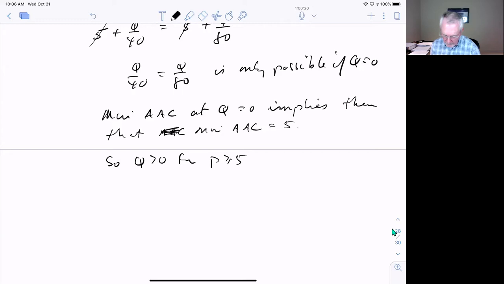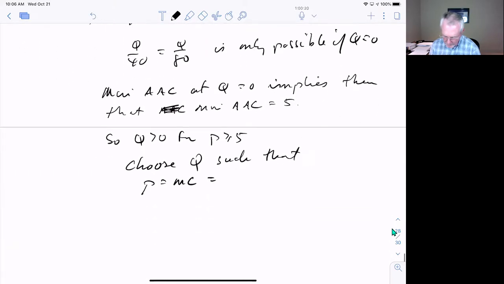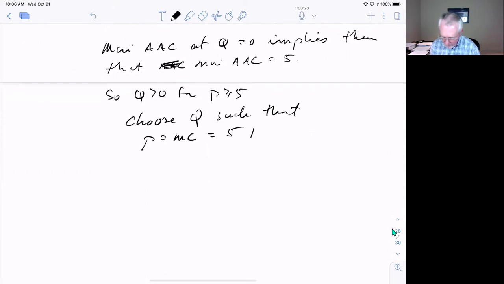Now, what is Dan's supply curve going to look like? Well, here's Dan's golden rule. Dan is going to choose Q such that price is equal to marginal cost. But what's marginal cost? Marginal cost, we said, was 5 plus Q over 40. So this tells me then that P minus 5 will be equal to Q over 40, or Q will be equal to 40P minus 200.